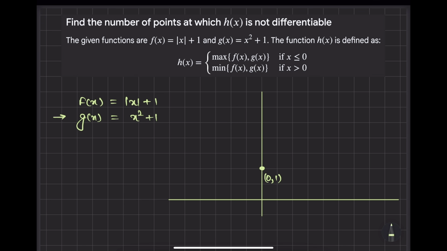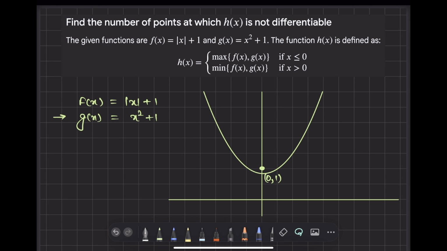The vertex will be there, and it is an upper opening parabola because a is positive. Suppose this is the thing.